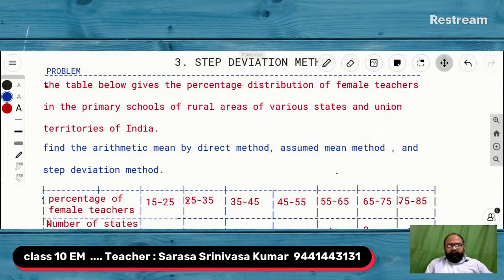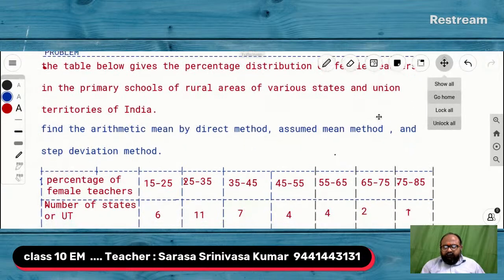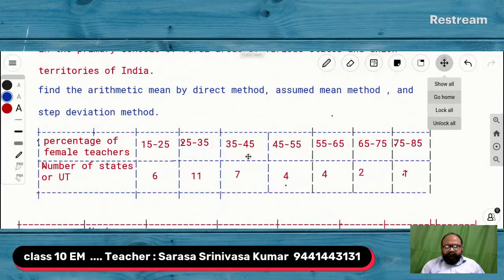The problem is given. The table below gives the percentage distribution of female teachers in the primary schools of rural areas of various states and union territories of India. Find the arithmetic mean by direct method, assumed mean method, and step deviation method. Here the table is given to us, with class intervals and their respective frequencies.